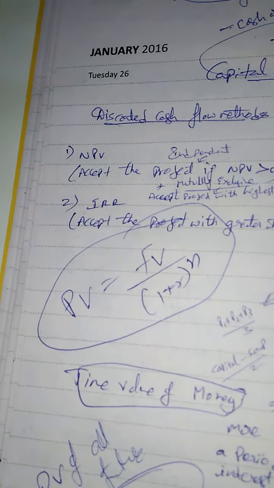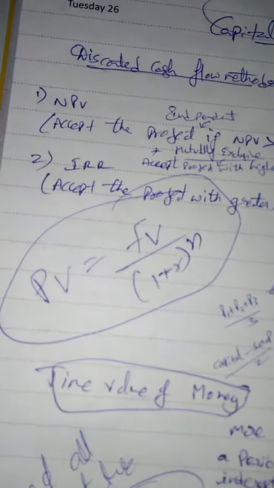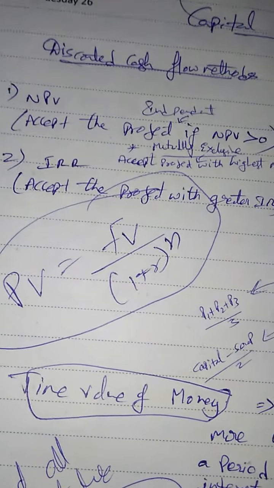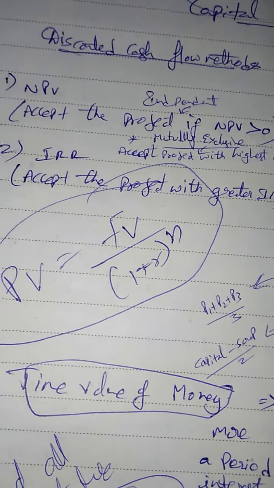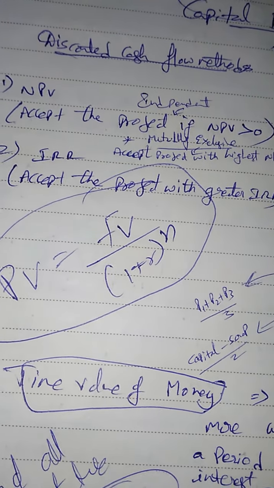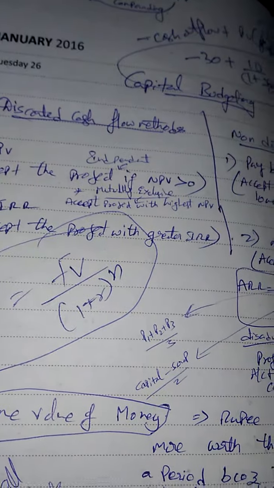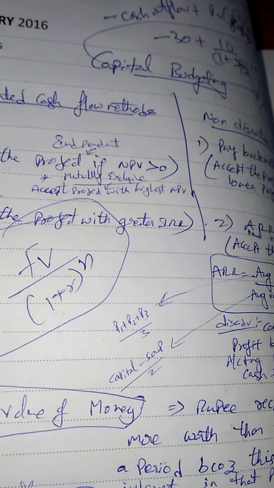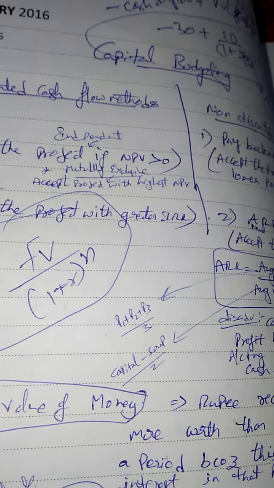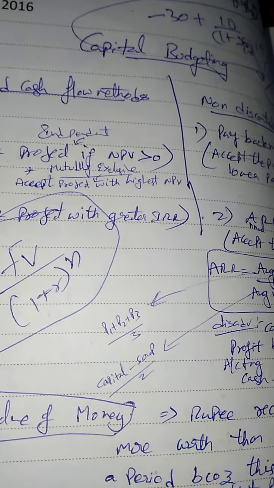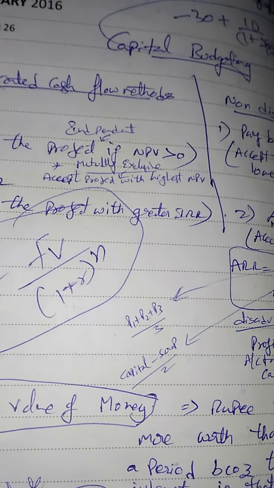Coming to an NPV case, if the projects are mutually exclusive, if the projects are not related to each other, then accept the project where NPV is higher. First rule is accept the project if NPV is positive. If NPV is negative, eliminate those projects. Out of 4 projects, you end up with 2 projects where NPV is positive.